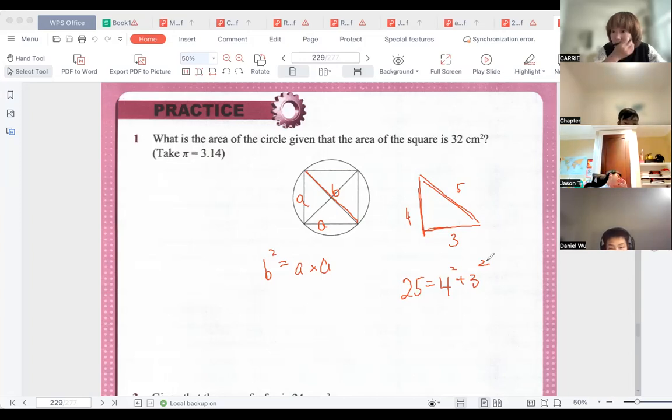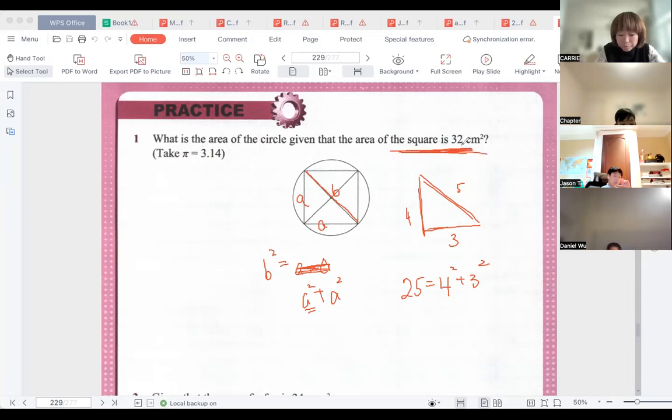怎么了呀，Jason？Chapter, do you understand? So can you tell me B squared equals what? A squared plus A squared. Very good. Can you tell me what A squared equals to? See? Area of the square is 32.